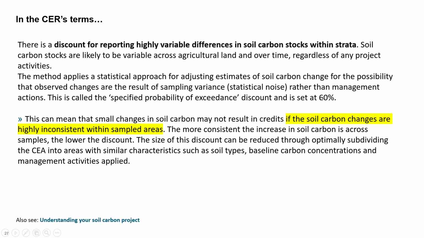So if you don't minimize it by minimizing your variance, you're set for a 60% discount on your soil carbon estimation, which is pretty big. Hence the importance of doing that stratification really carefully.